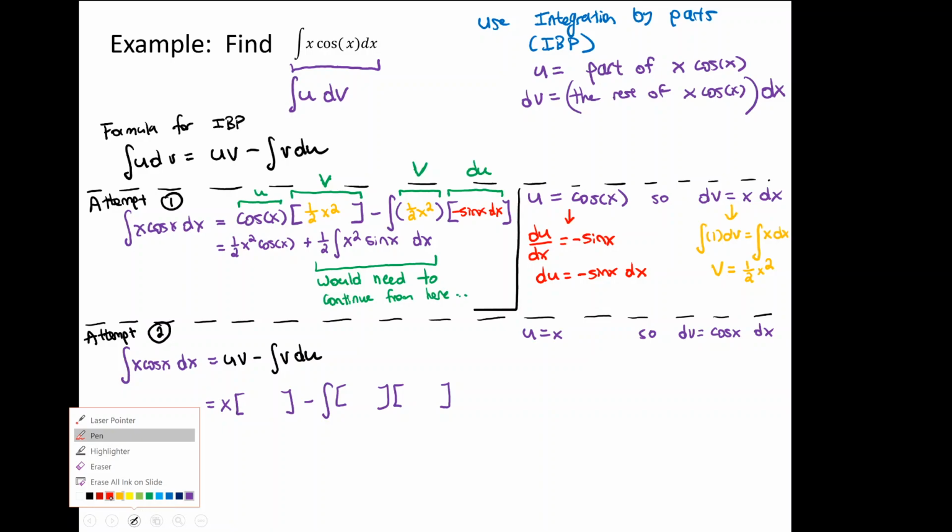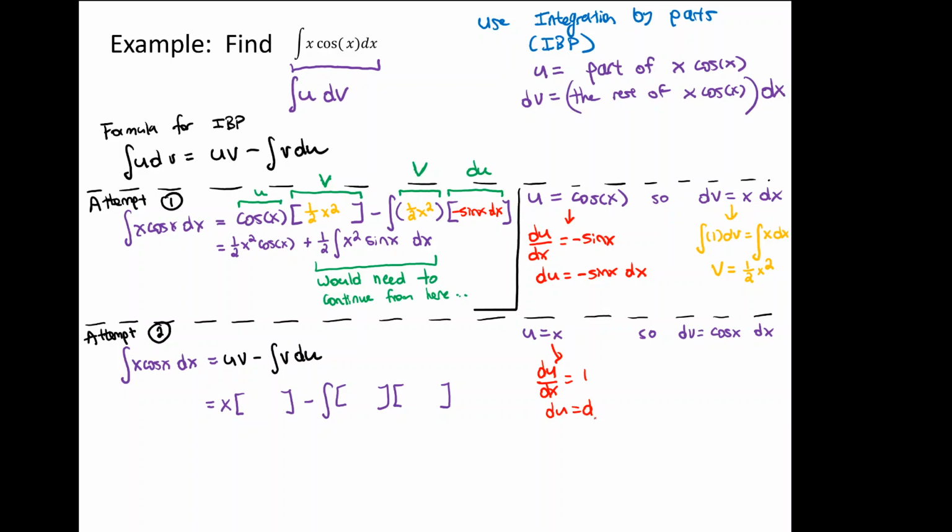Okay. Now, if u is equal to x, then du by dx is 1. So du is equal to dx when we cross multiply. So there's that. If dv is equal to cosine of x, we can integrate both sides. The integral of 1 with respect to v is equal to the integral of cos of x with respect to x.